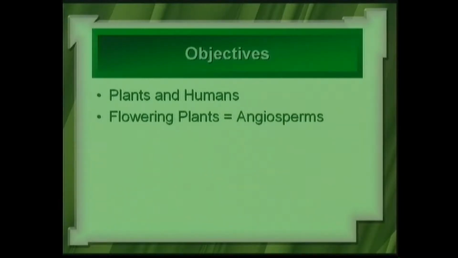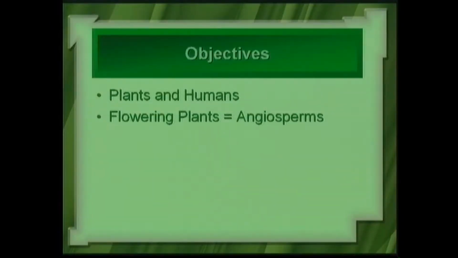Secondly, we're going to go over the flowering plants, just a very brief introduction to them. Flowering plants are also known as angiosperms. Scientists generally have different kinds of terminologies that they use. Angiosperms refer to flowering plants, all right? Angio means vessel or container, and sperm means seed.